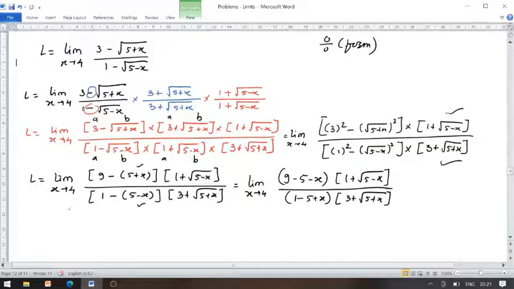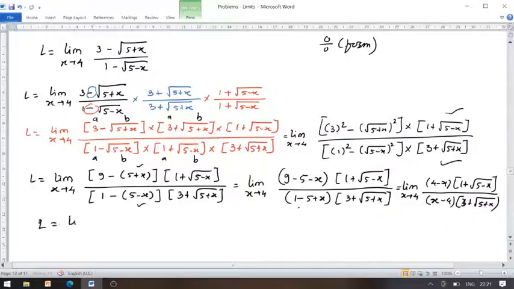So after solving we get limit as x tends to 4 of, now 9 minus 5 becomes 4 minus x, into that irrational factor 1 plus root of 5 minus x, divided by, now 1 minus 5 becomes minus of 4. So I will write the positive term first, as x minus 4, into that irrational factor 3 plus root of 5 plus x.